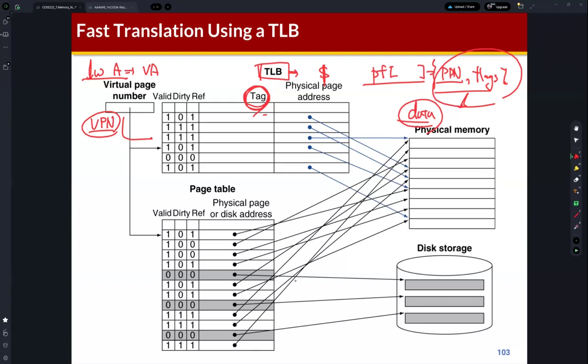The TLB is the same: its size is smaller than the page table, so we also need to store the tag. In this case, we access the TLB using the virtual page number, which means part of the virtual page number will be used as the tag.